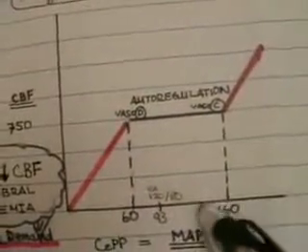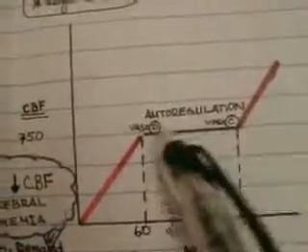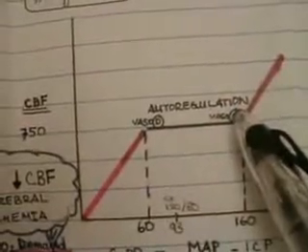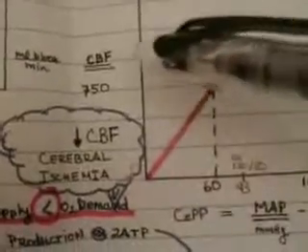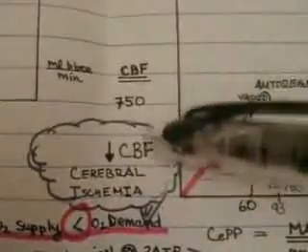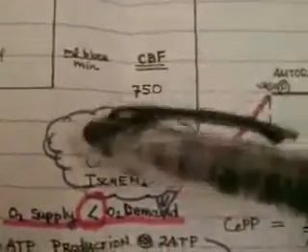So your normal cerebral blood flow is approximately 750 mLs of blood per minute, and it's auto-regulated to have this blood flow between mean arterial pressures of 60 and 160 due to the process of autoregulation. If you decrease your cerebral perfusion pressure, this may ultimately decrease your cerebral blood flow and lead to cerebral ischemia.